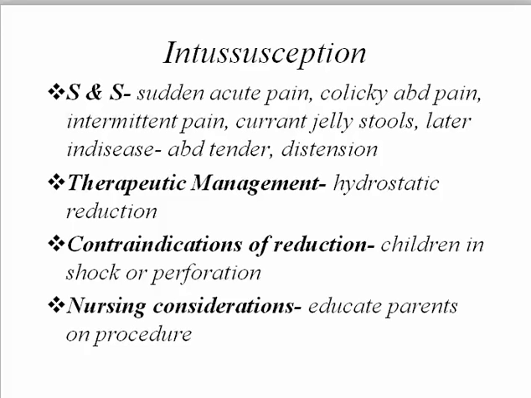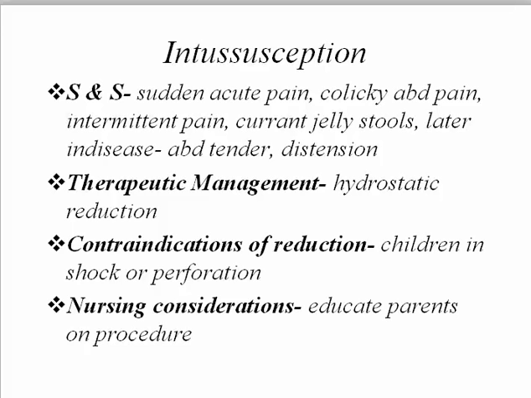Usually with intussusception, the first line of treatment is a hydrostatic reduction. That's really a barium enema, where the force of the flowing barium will sufficiently push the telescoping portion of the bowel into its original position.